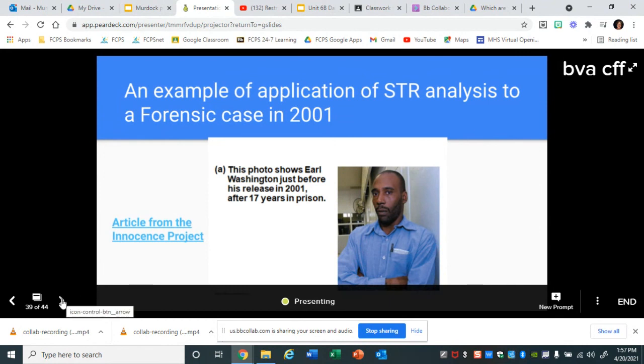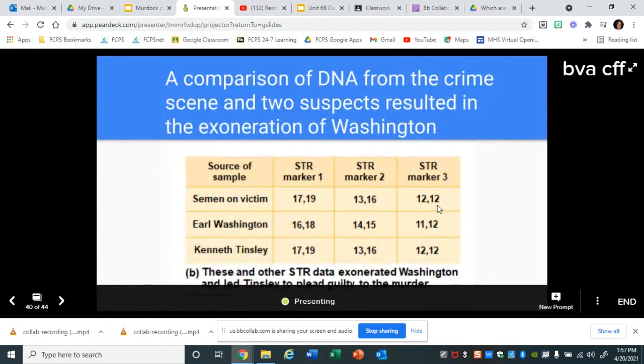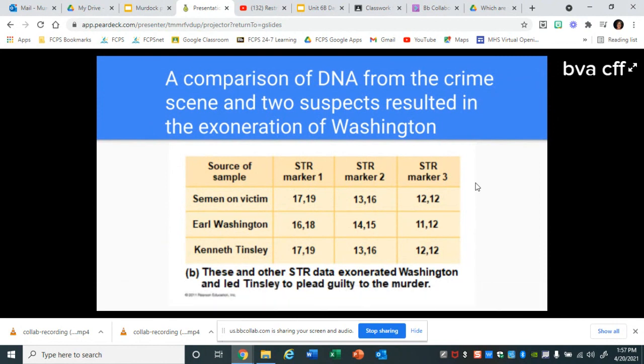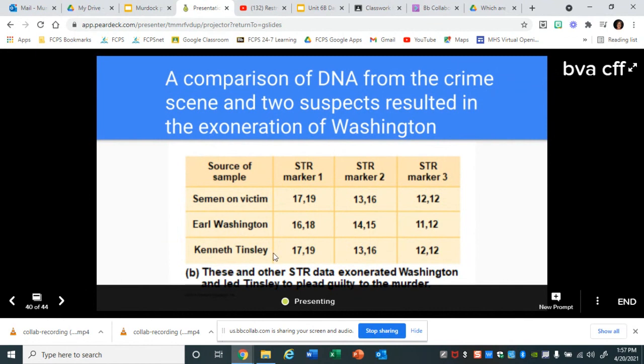So what happened with him was that when they went back and they took the DNA samples from the crime scene, he was accused of rape, and they compared his data, here's Earl, right? And here are the markers in Earl's DNA compared to the markers of the DNA on the victim, versus Kenneth Tinsley, look at him, right?